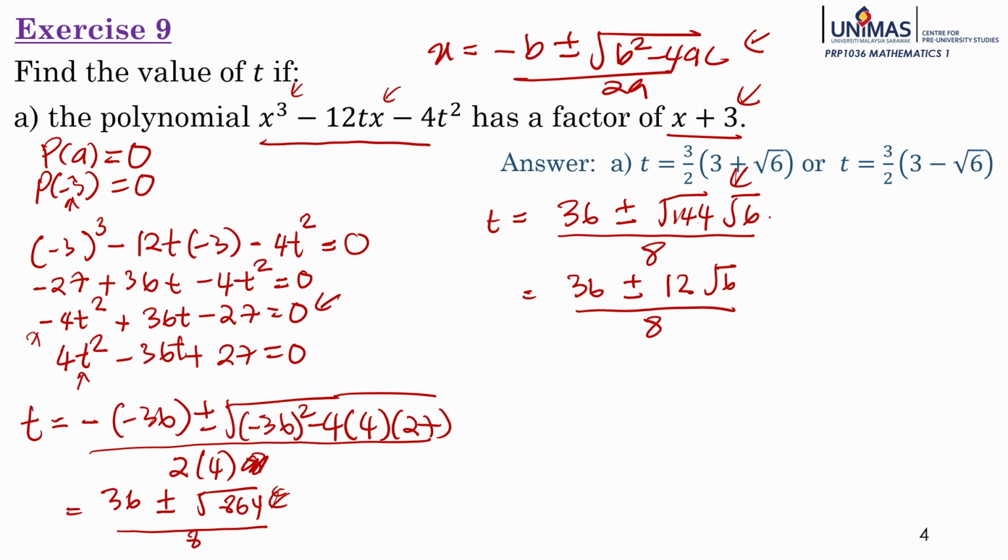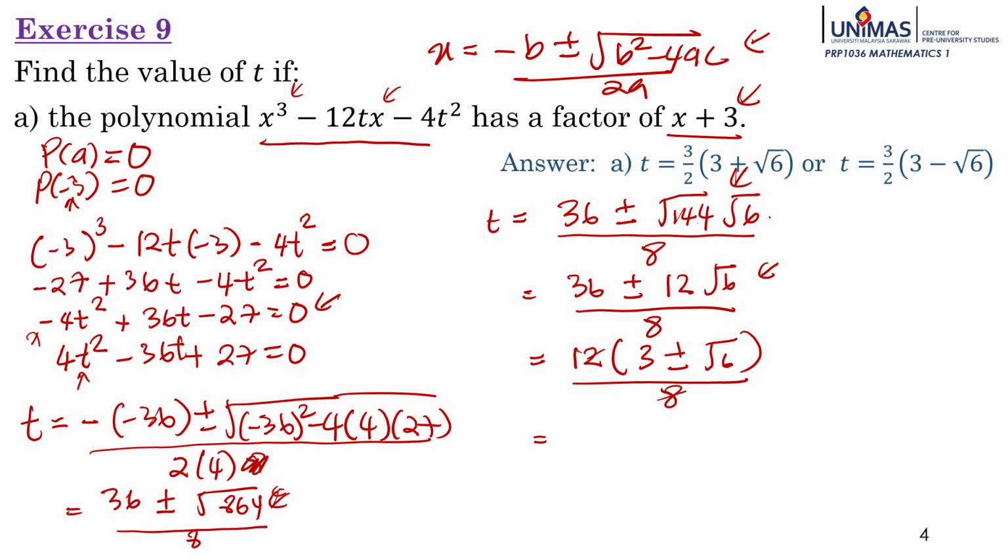After that, we simplify this one. When we factorize 12, we can get the answer 3. So 3 plus minus square root of 6 over 8, and then we simplify.